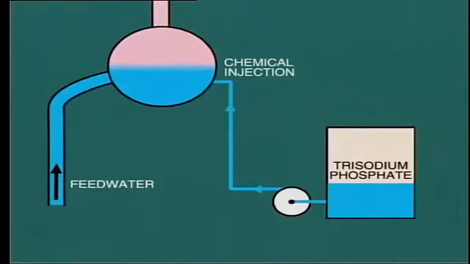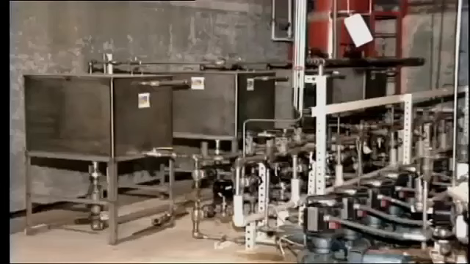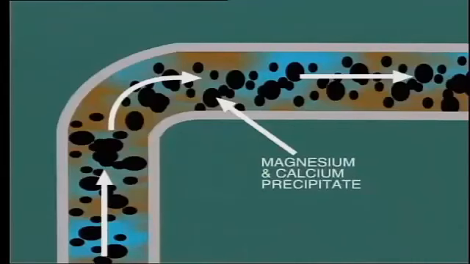For this reason, an attempt is made to prevent scale formation by injecting a chemical dispersant such as phosphate into the boiler water. This is usually added at the boiler drum, so a high-pressure pump is required. Phosphate has the effect of keeping the magnesium and calcium precipitate in suspension by dispersing the solid particles throughout the water.